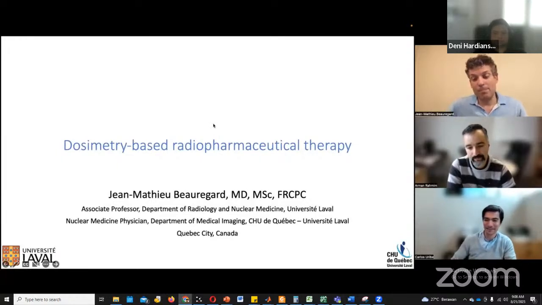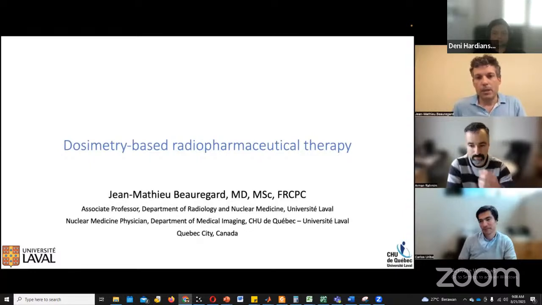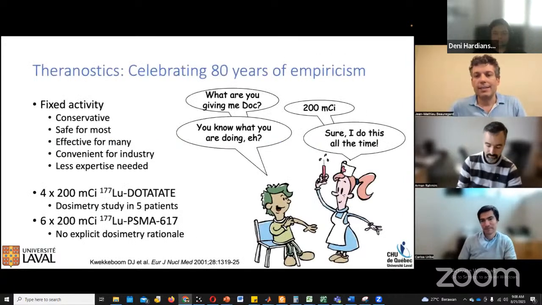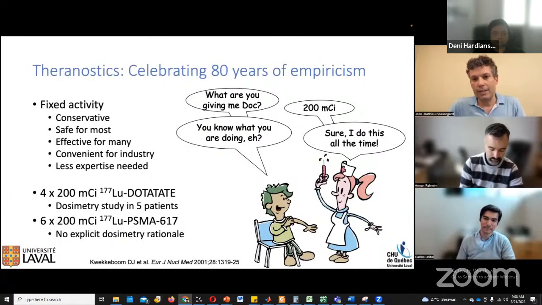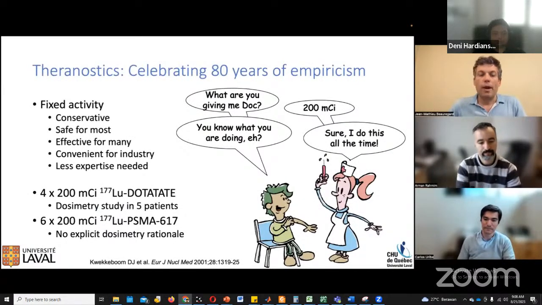Yeah, despite this ability to see where to follow the radiopharmaceutical in the body, still these therapies have been practiced for 80 years actually, since the introduction of radioactive iodine in a very empiric fashion, where all the patients receive a fixed activity.